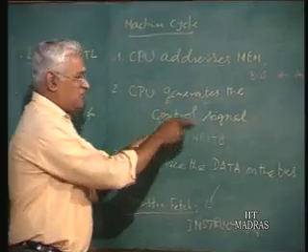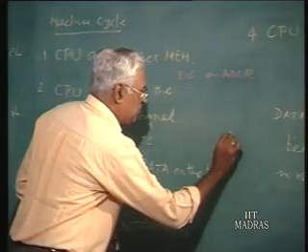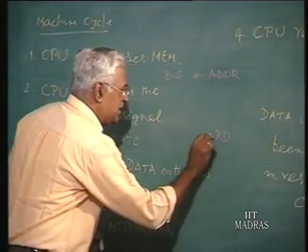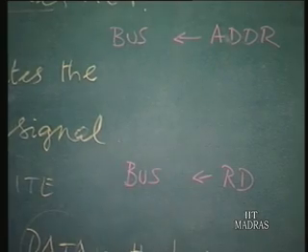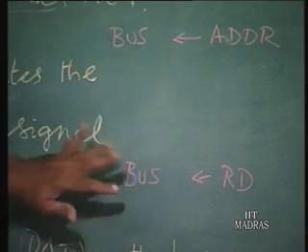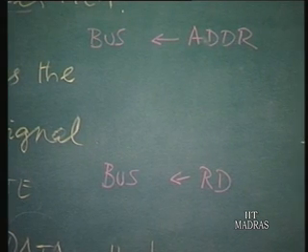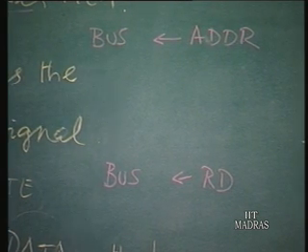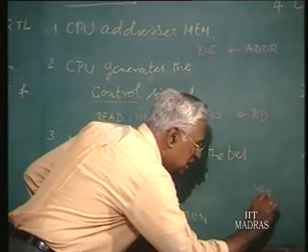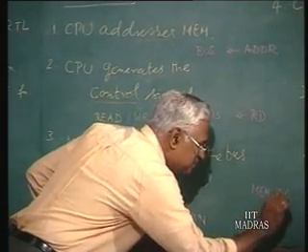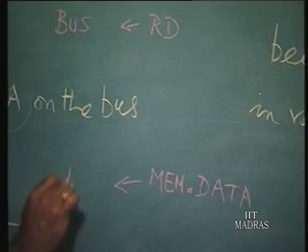Now CPU generates the control signal. I will assume read. So I will say some control signal, call it read, is placed on the bus. All these are put in different parts of the bus. We will come to that later. Then memory places the data on the bus. So I just put it as memory, that is the memory part does it. This goes on the bus.